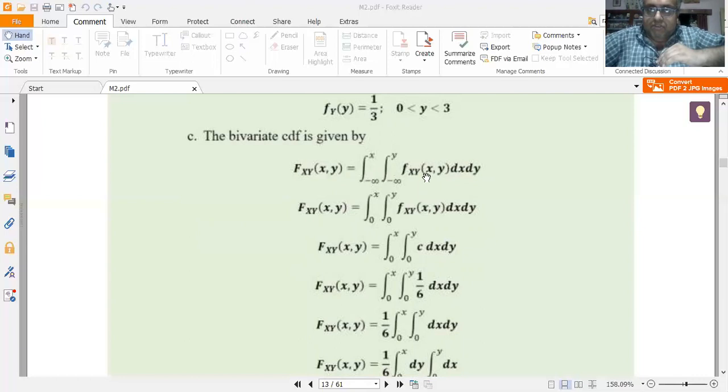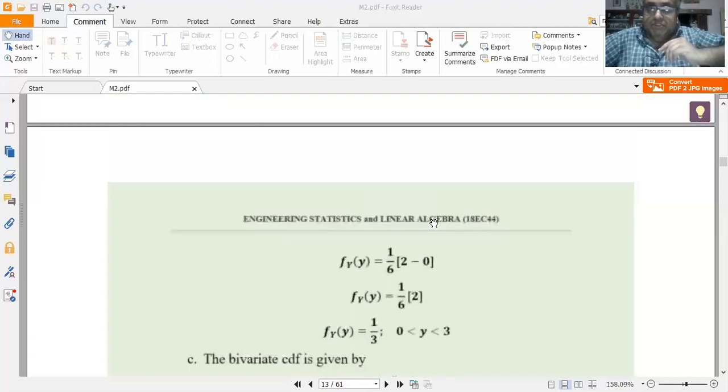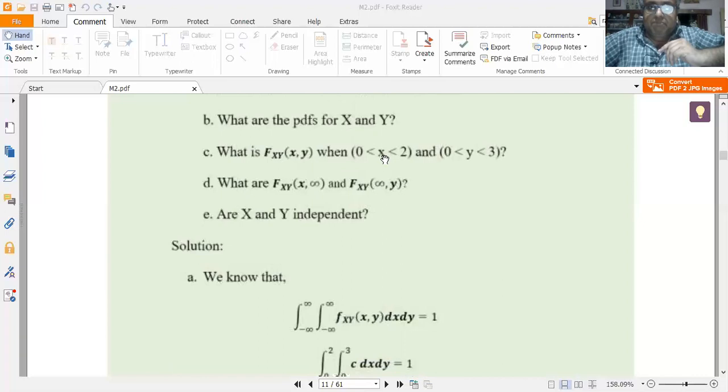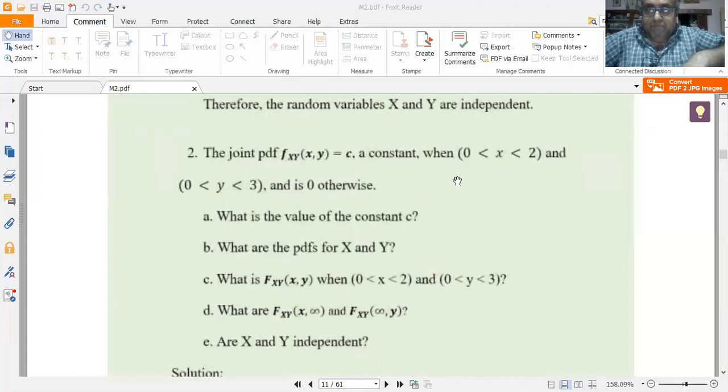Now, as we did for the first problem in the second lecture, what about the integration limits? x lies only between 0 and 2, y lies only between 0 and 3. Beyond 0, there is no PDF value. Less than 0, the PDF is equal to 0.